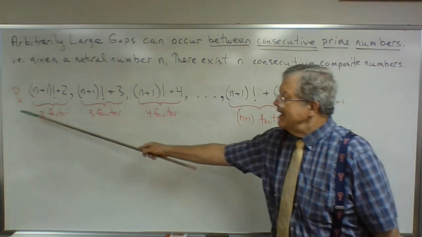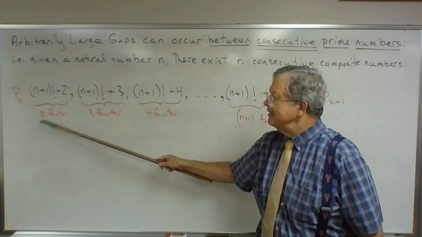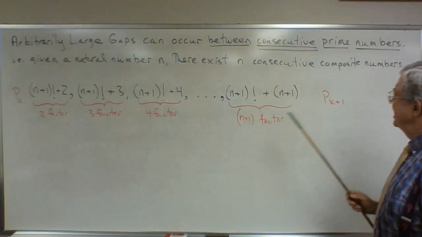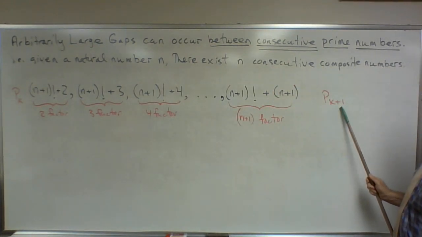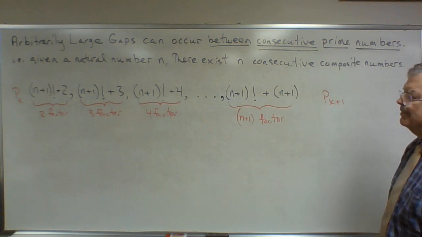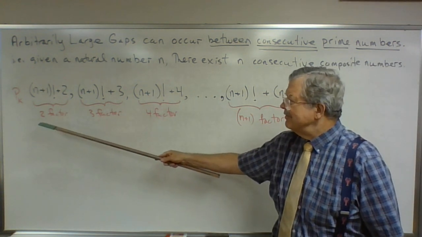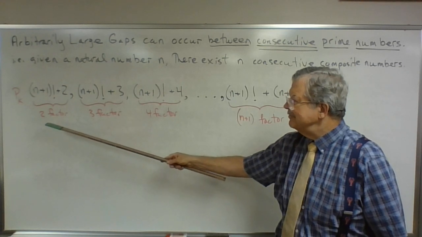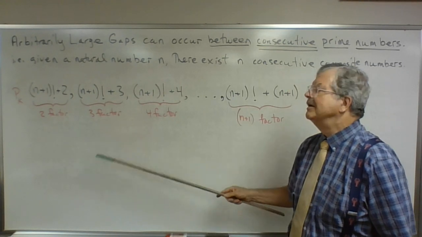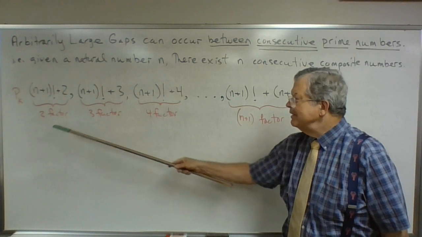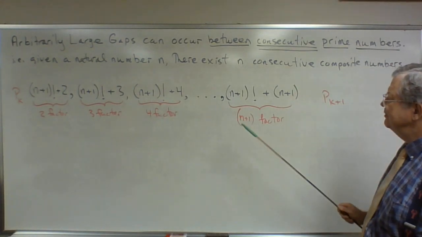If p sub k is the largest prime less than this string, and p sub k plus 1 is the next largest prime, and n is a million, we're going to travel through a sequence of a million consecutive composite numbers.